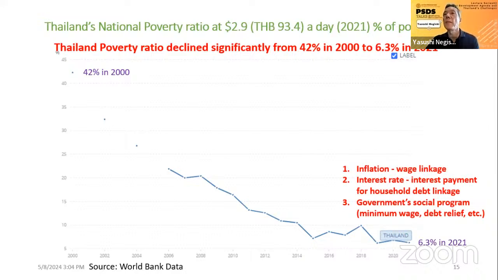So governments sometimes need to provide, for instance, debt relief for those poor households in order to sustain their household economies. So these are typical examples of how the government tries to support or improve poverty ratios and poor households in the country.